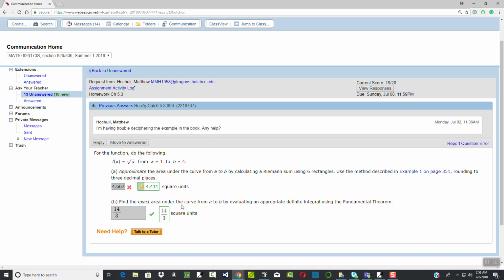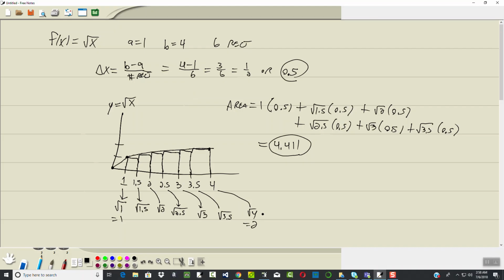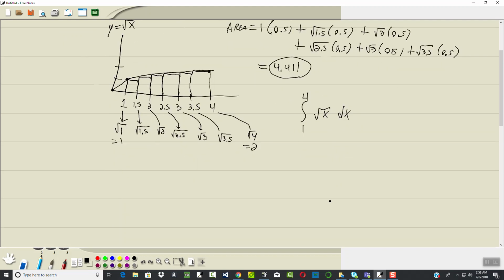Now it says find the exact area under the curve from a to b by evaluating an appropriate definite integral using the fundamental theorem. Now what in the world does that mean? Well, if we do the integration from 1 to 4 of the square root of x dx, from 1 to 4, and that's x to the 1/2 power dx.